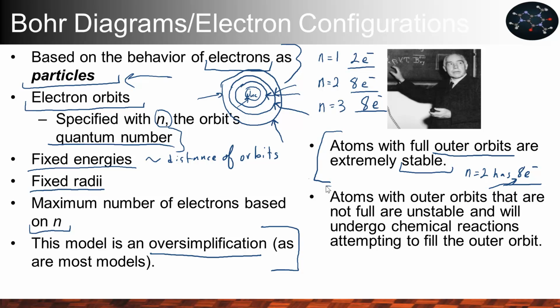And so these two sets of things, that when they're full in their outer orbits they're stable, and when they're not full they attempt to become stable by filling up, by sharing, adding, or subtracting electrons, explains a large number of the chemical properties that we see in different atoms of different elements.